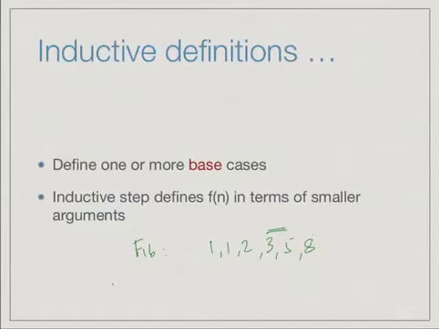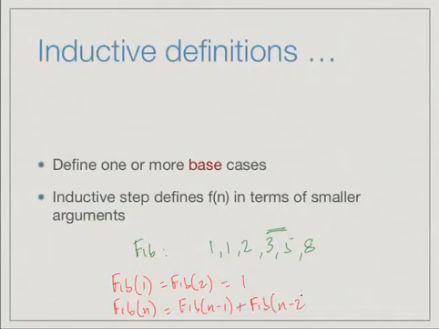The general rule for Fibonacci is that the first value is equal to the second value is equal to 1. And after the second value, Fibonacci of n is Fibonacci of n minus 1 plus Fibonacci of n minus 2. So in general, a recursive or inductive definition can express the value for n in terms of one or more values of the function for smaller inputs.